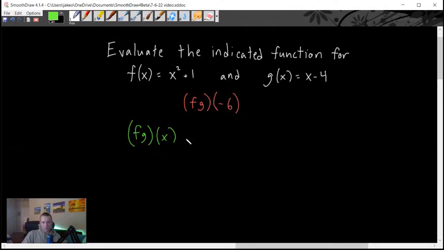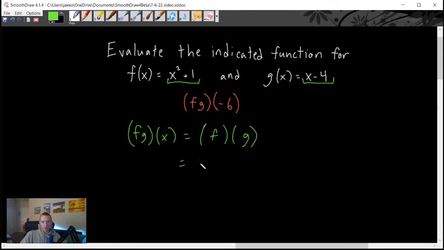To find that, keep in mind basically whatever operation is happening right here in this set of parentheses. It's saying we want to find f times g. So all we really should have to set up is f times g, where f is this whole part here, x squared plus 1, and g is this whole part here, x minus 4.